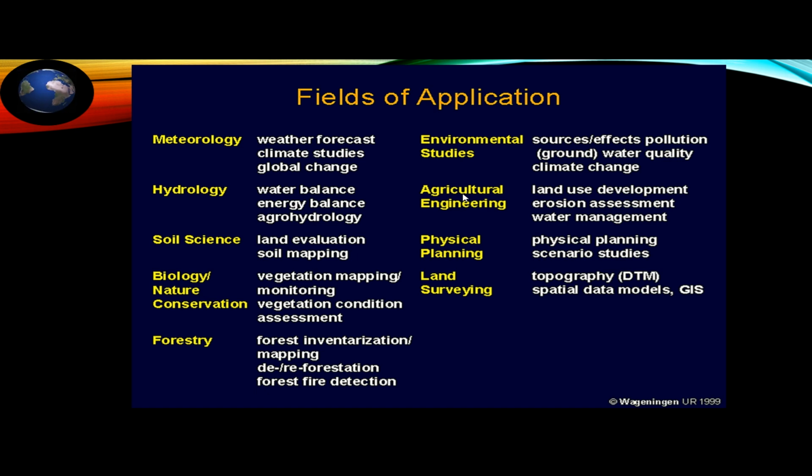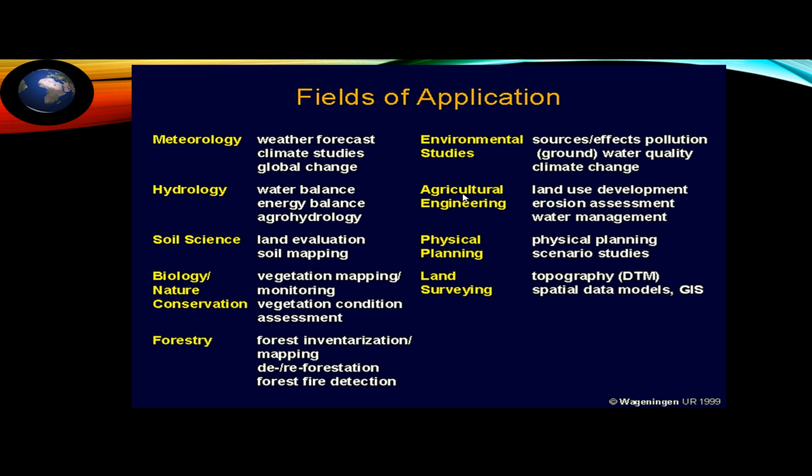There are a number of fields of application of remote sensing products: meteorology, hydrology, soil science, biology, nature conservation, forestry, environment studies, agriculture engineering, physical planning, and land surveys. Different kinds of remote sensing products are used for different purposes.